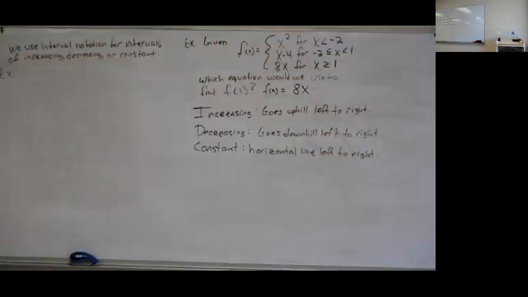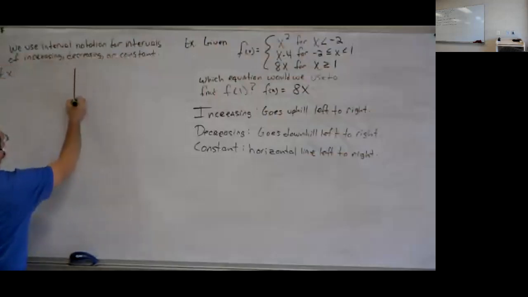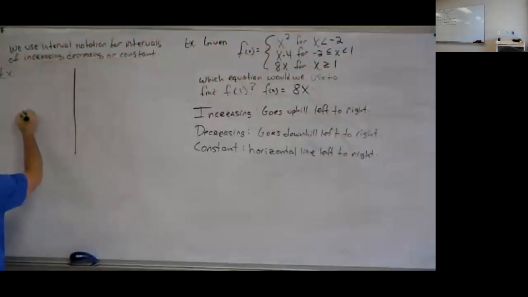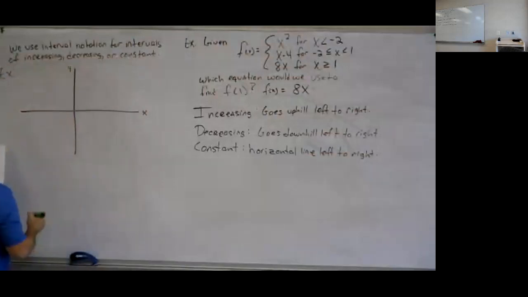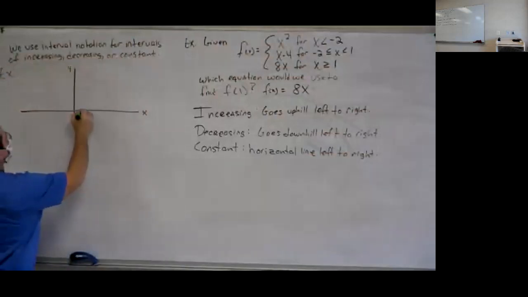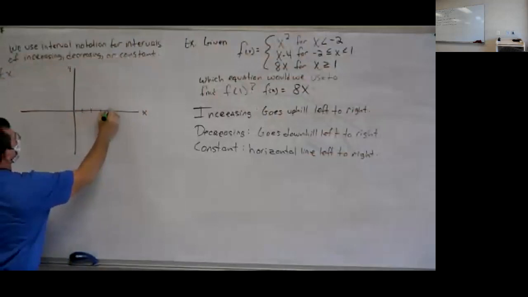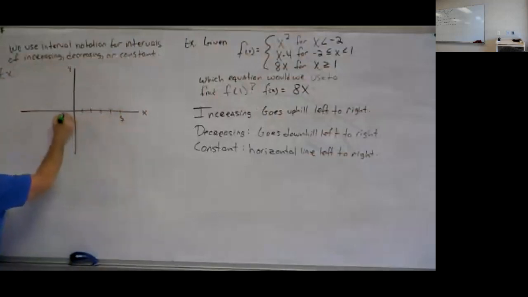All right, so I'm going to draw a function here. So let me try to draw this. It looks like this goes 1, 2, 3, 4, 5, and then about the same going up.